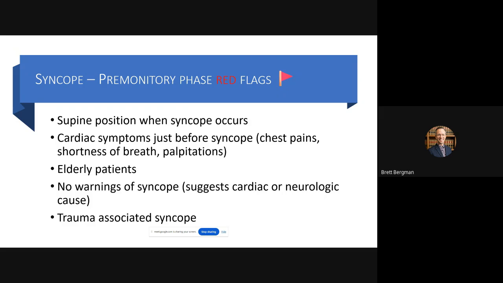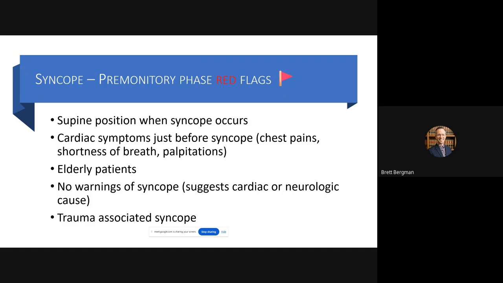Elderly patients, it's concerning because there are so many things that can be contributing that they really need to get evaluated for things like infection and all these other medical causes that might be related. If they had no warning whatsoever, most people, when they have vasovagal syncope, will have some sense that they're starting to get lightheaded, they're starting to feel like they're going to faint.